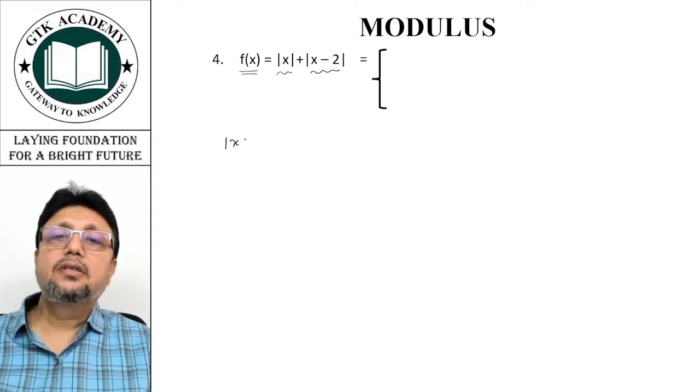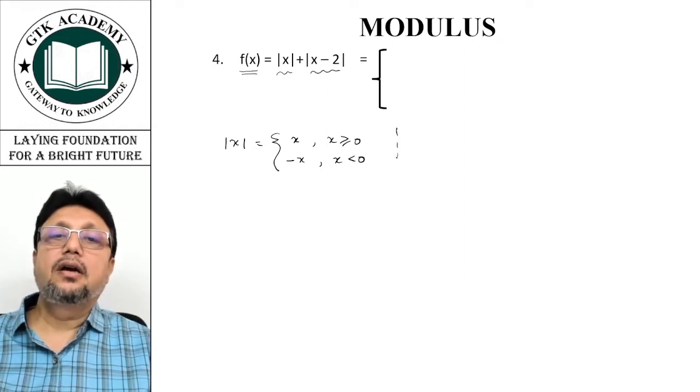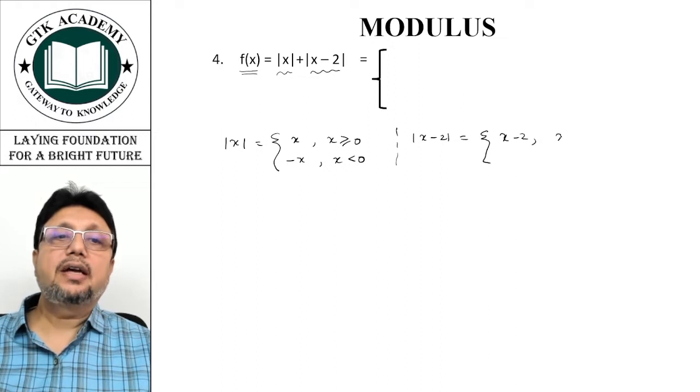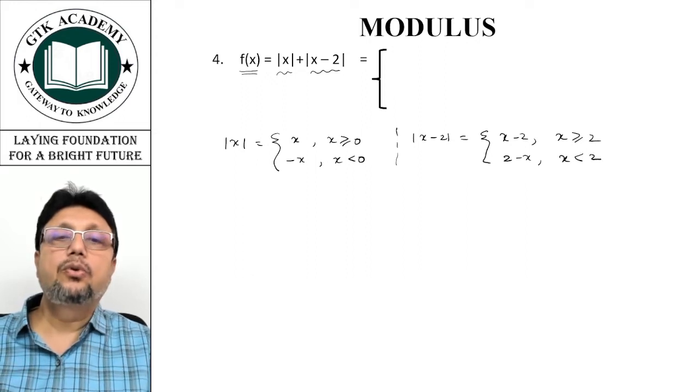Now mod x is equal to, we already discussed, x if x is positive, minus x if x is negative, and mod x minus 2 is equal to x minus 2 if x is greater than or equal to 2, 2 minus x if x is less than 2.